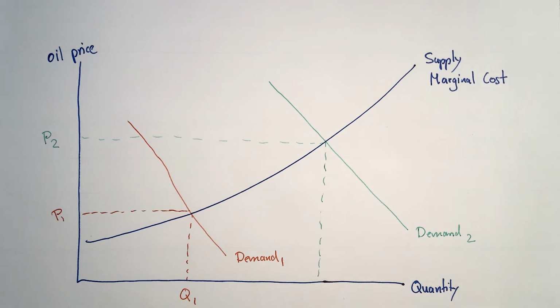So once you have invested, for example, in an oil platform, to extract the additional oil is not that expensive anymore. Okay, so this would be one way of thinking about the supply and the demand of oil, based on the fact that the supply function represents the marginal cost.